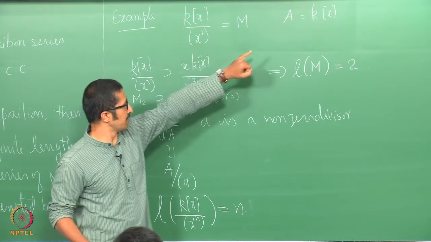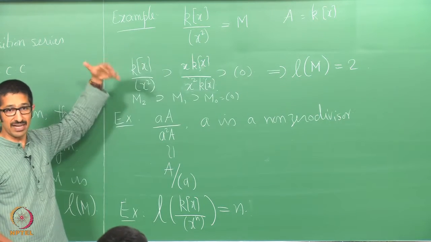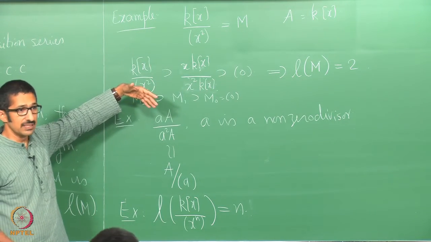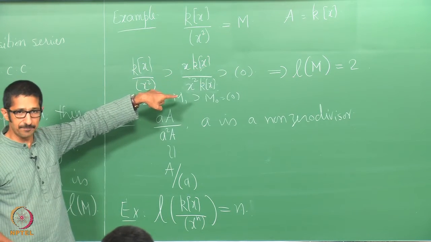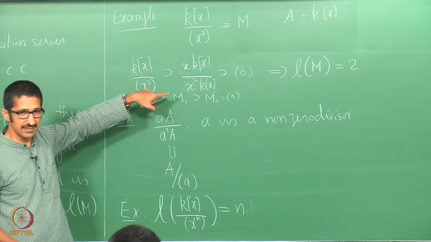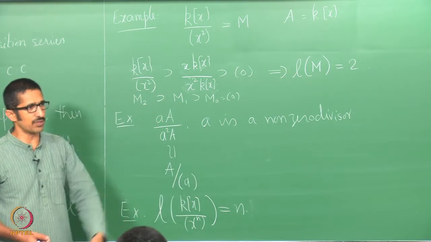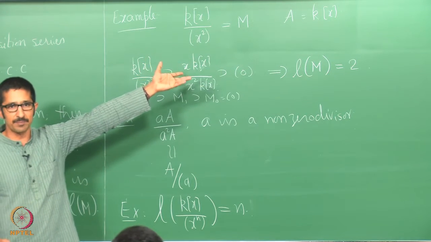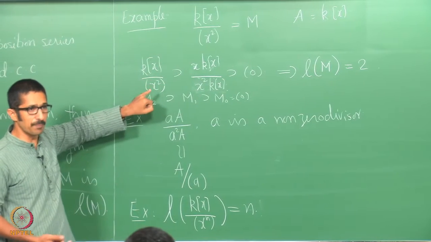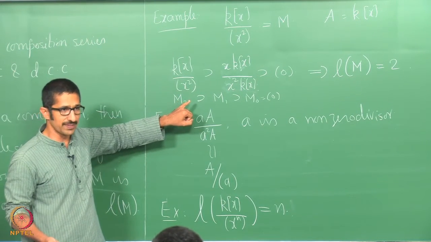Particularly, we are looking at modules over kx. So, it does not have a proper submodule contained in k, because every element is a unit; if you take any element and the submodule generated by that, it will have to contain all of k. So, any field is a simple module over itself.